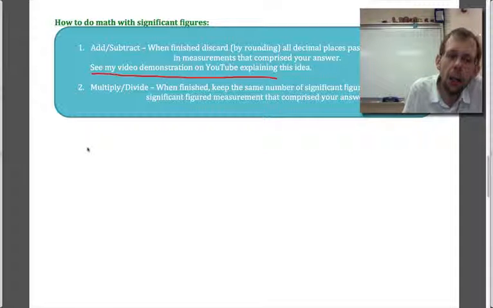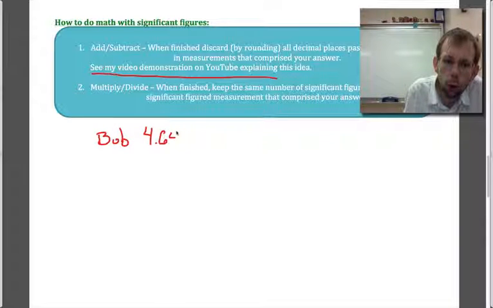But let me just go ahead and give you the basic paper and pencil idea of add, subtract, multiply, divide. So let's say somebody is adding two lengths together. And let's say Bob measures something at 4.64 meters.